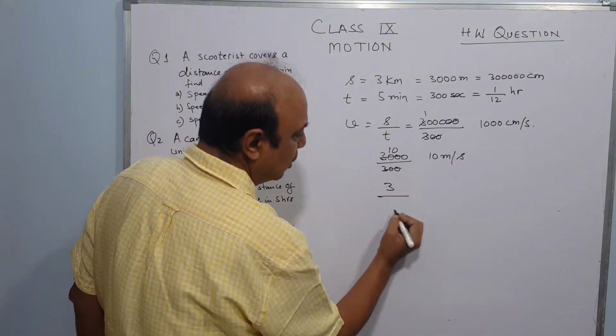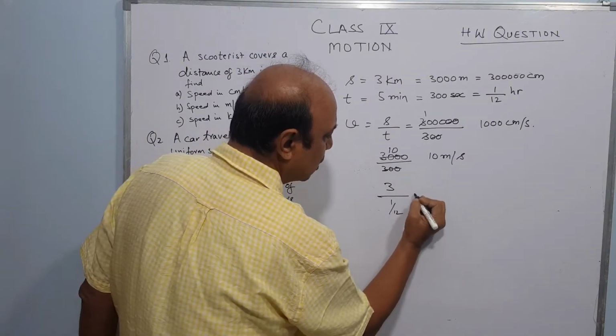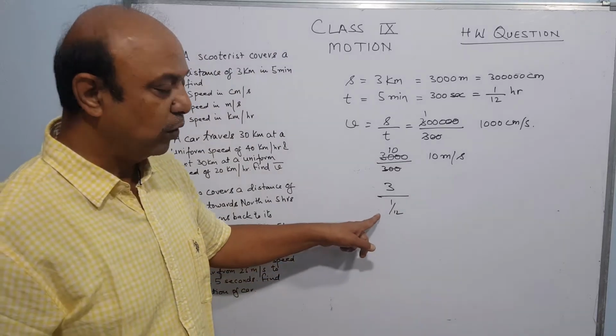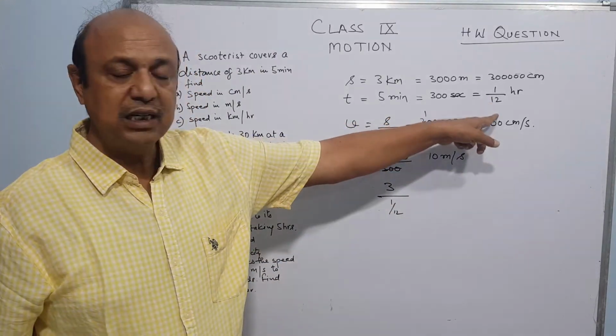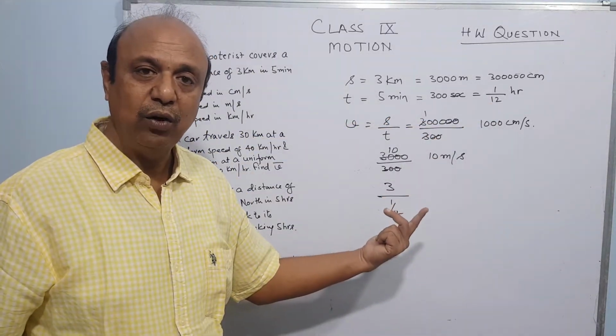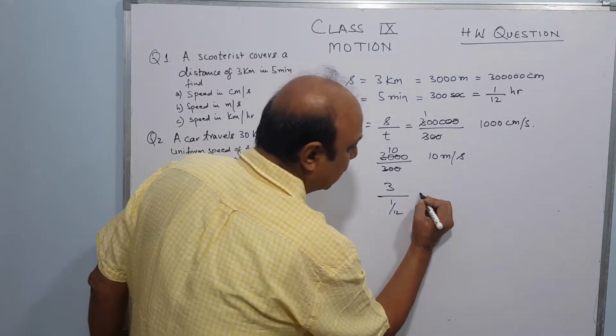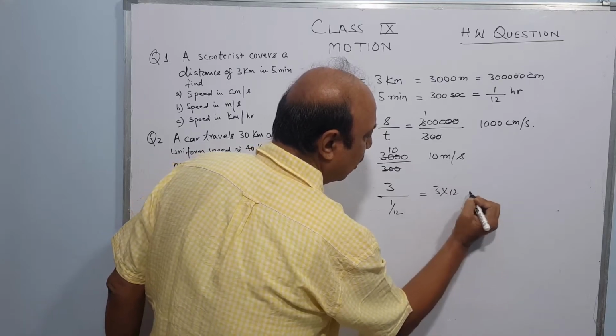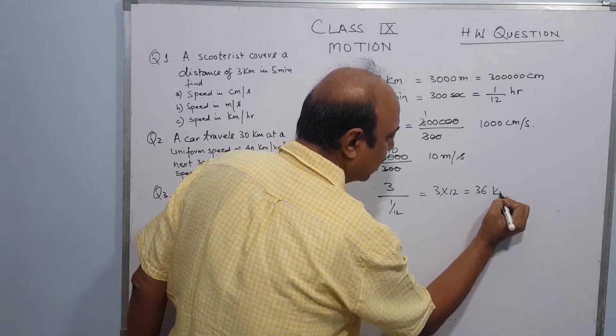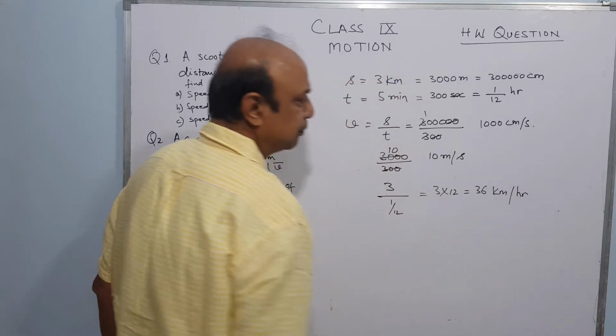How many hours? 1 upon 12. See why I kept it as 1 by 12? Had I written the decimal here, again I would have to convert it into the fraction. That makes it 3 into 12 or 36 kilometers per hour.